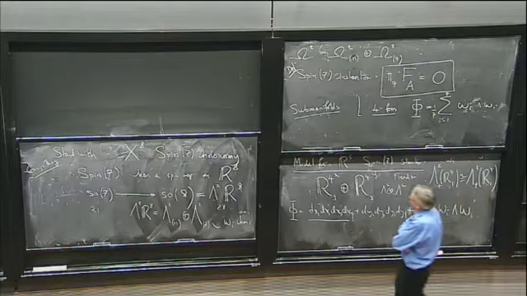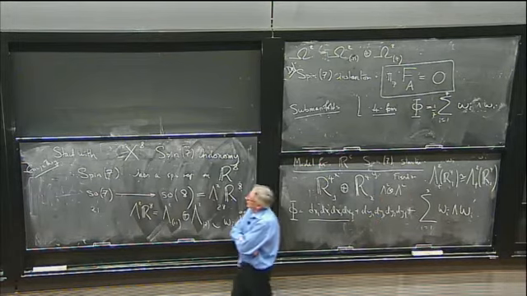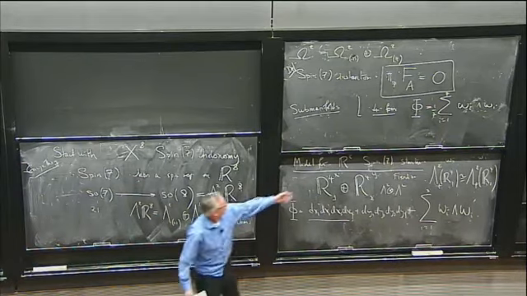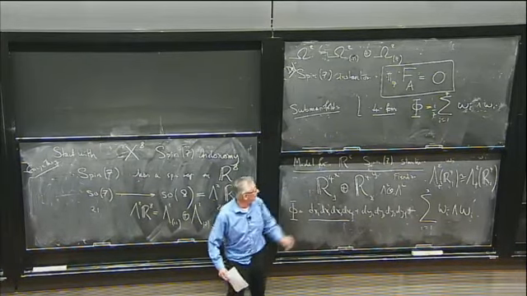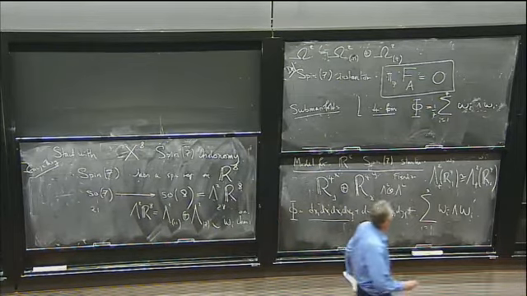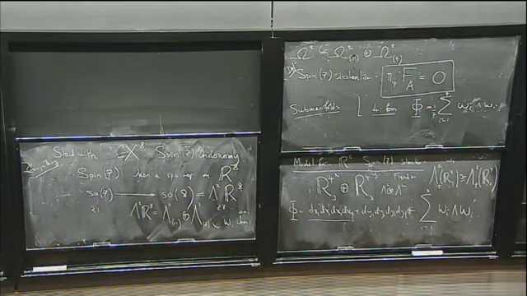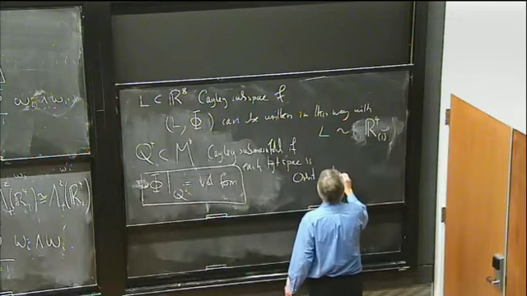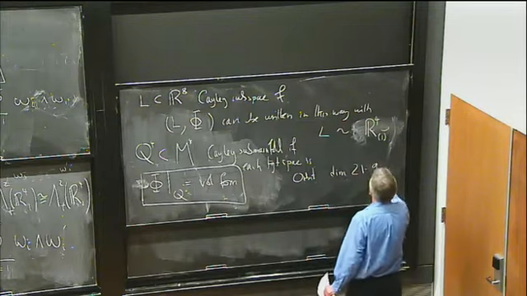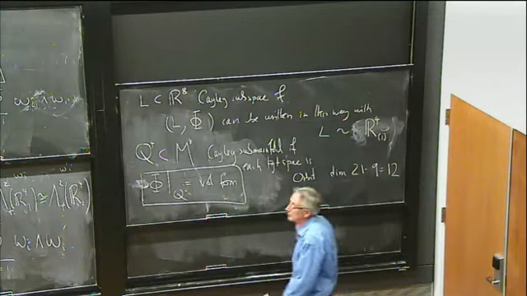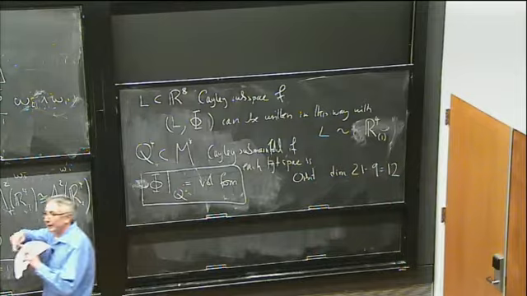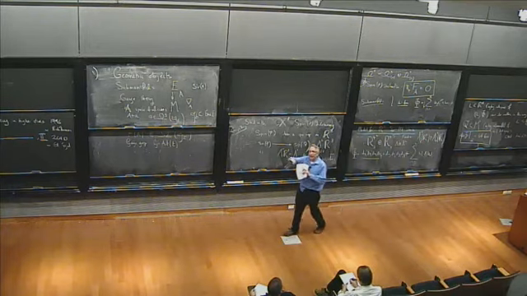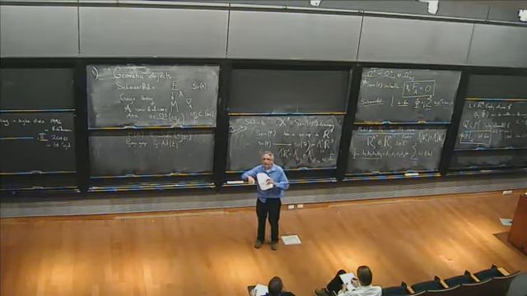Whereas spin 7 has dimension 21, so the orbit of this picture under the action of spin 7 has dimension 21 minus 9, which is 12. So this tells us that the space of Cayley subspaces forms a 12-dimensional submanifold of the Grassmannian of all 4-dimensional subspaces in R8.